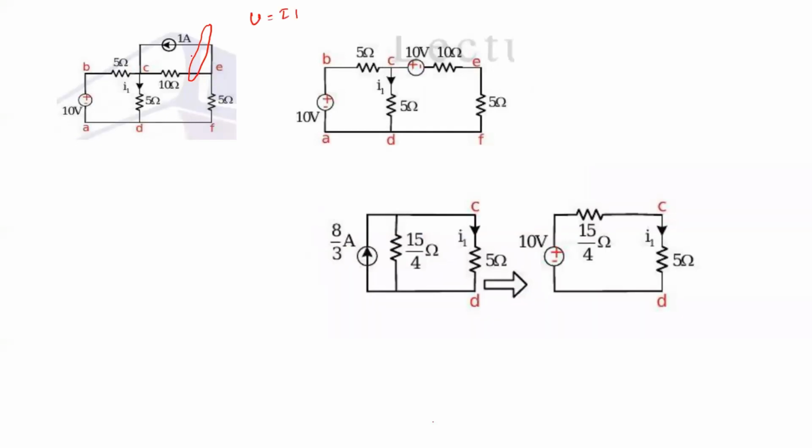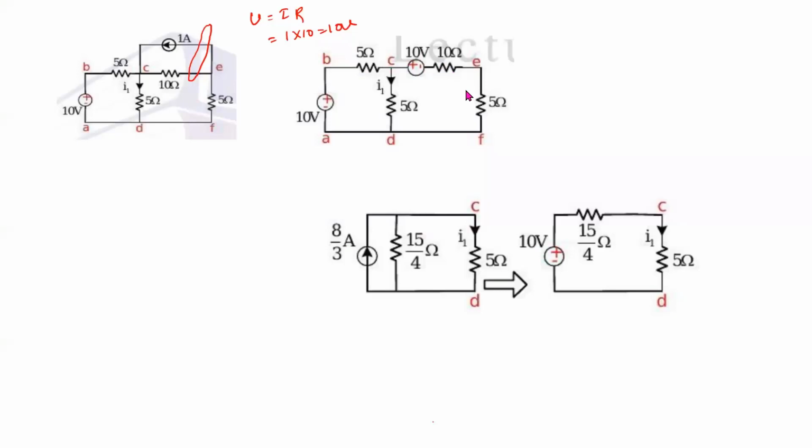Voltage equals I into R. I is 1 into 10. It is 10 volt. You can see here the current direction is this one, so the positive polarity should be followed according to this. Then 10 ohm is kept as it is.